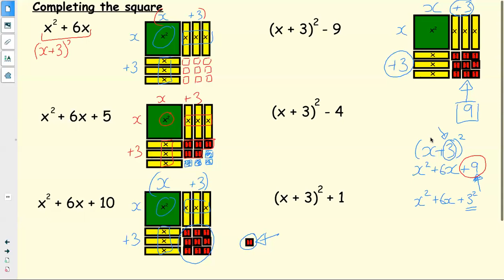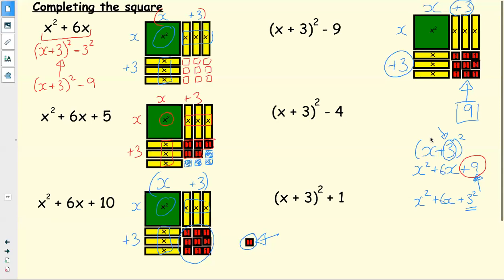And I know when I multiply that out, there's going to be that add 9 at the end. So that's why I'm going to take away whatever is in this bracket squared. I'm going to take away 3 squared. So that becomes x add 3 all squared, take away 9.